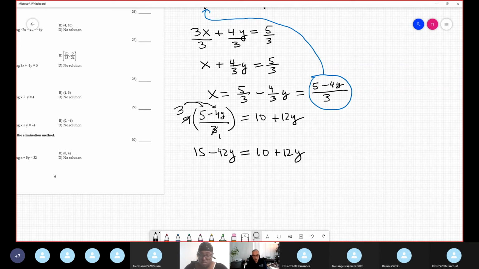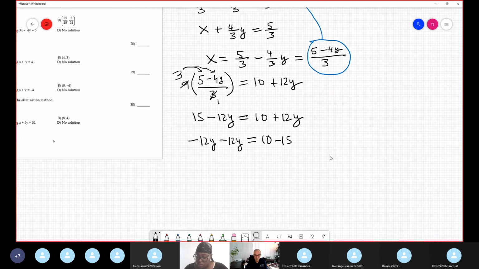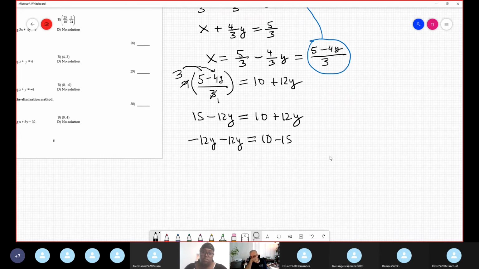Now, I try to move the variable to the left. So this negative 12y stays here. I move this 12y, again a coincidence. And we have 10 stay here minus 15. In this equation, it doesn't matter on what side you move.